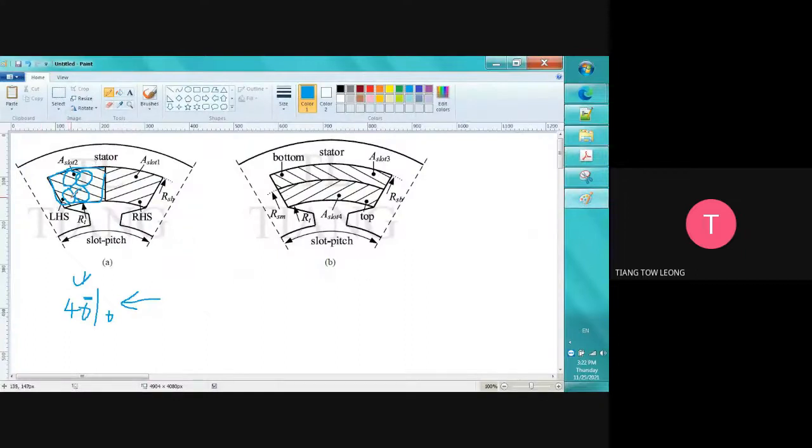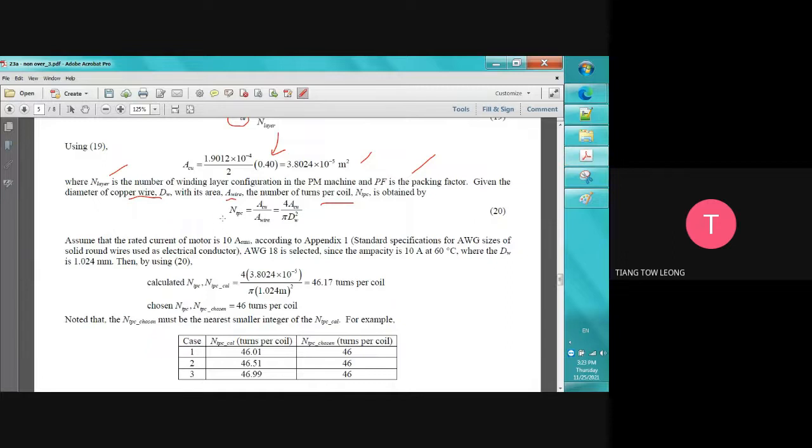For example, now we calculate the A copper, maybe like this, X. We don't know how many wires it can accommodate, maybe 1, 2, 3, 4. So we use X divided by the area of the wire. Then we will know how many wires we can put inside. So that's why the number of turns per coil is actually the copper area divided by the wire size area.